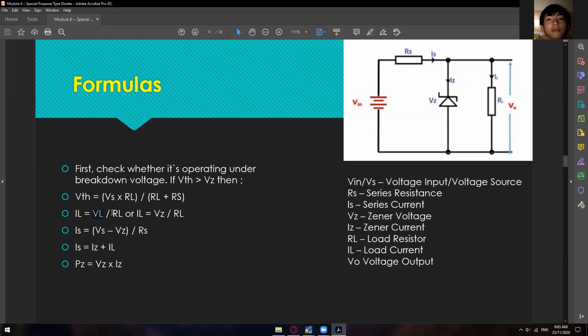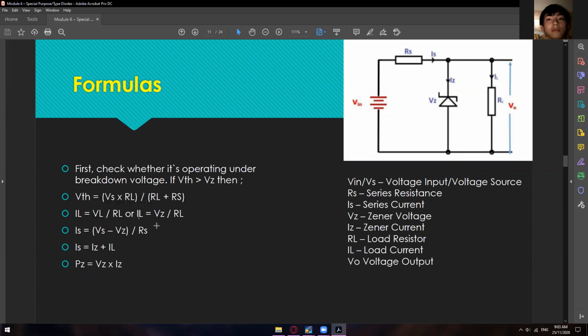So VL divided by RL. The same as Ohm's law, I is equal to V divided by R, wherein the voltage should be coming from the Zener voltage, and the resistance from the load resistance. That is why IL is equal to VZ divided by RL, because VZ is equal to VL.